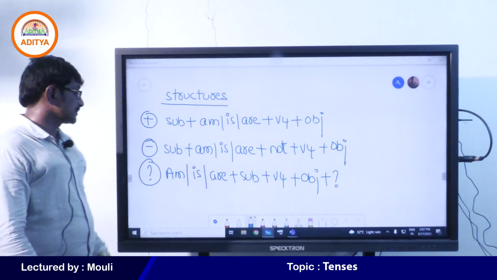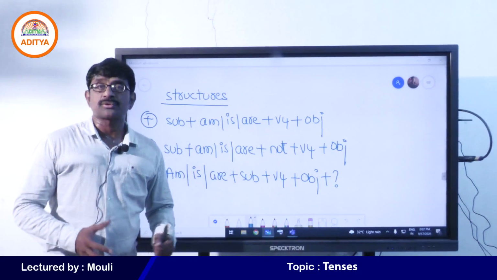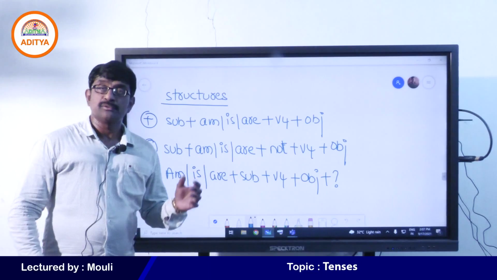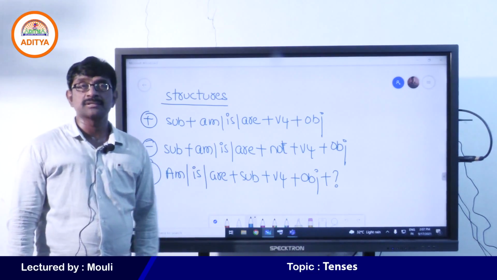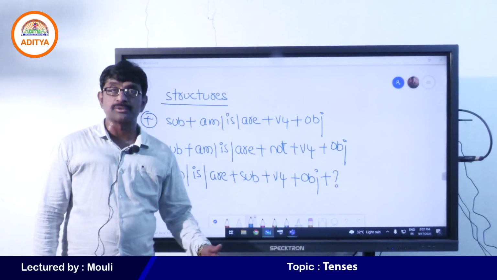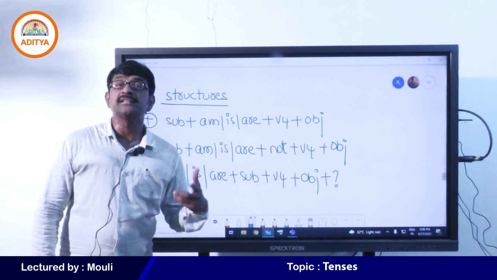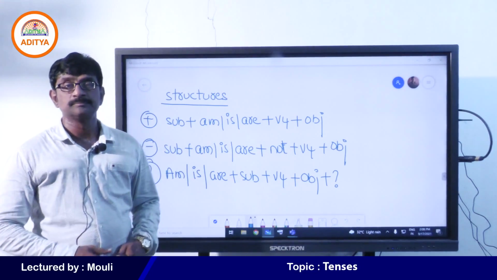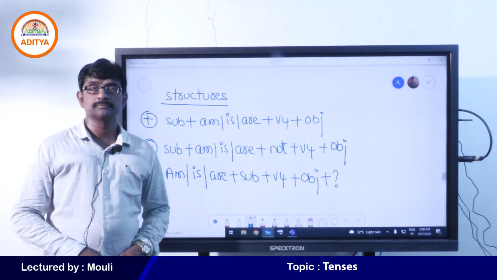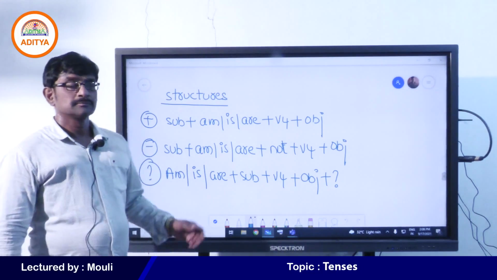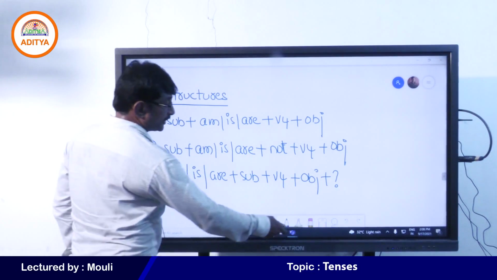So these three are the structures for present continuous tense. If you have written these three, I will take the next step, students.